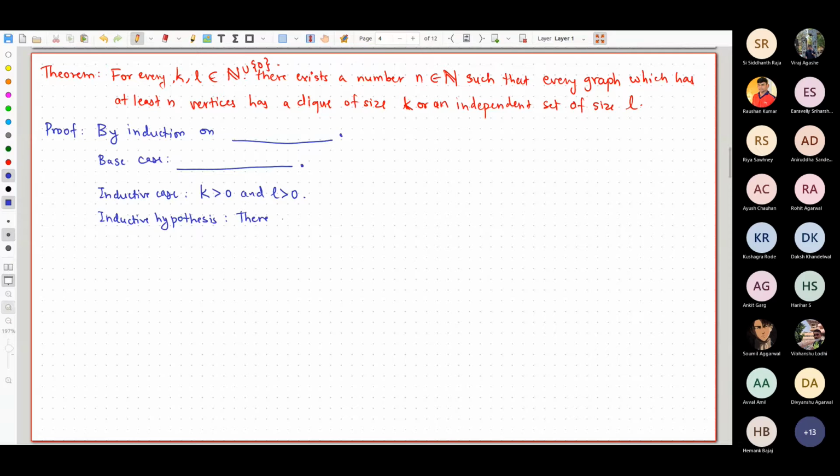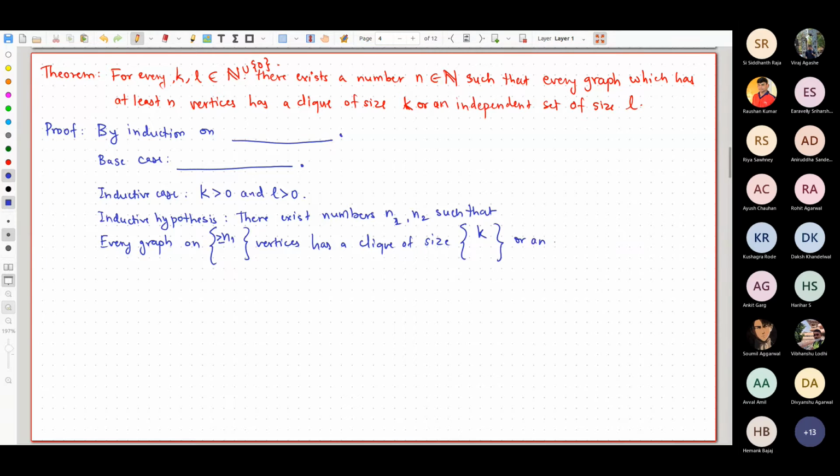There exist numbers n1, n2 such that every graph on n1 vertices has a clique of size K or an independent set of size L minus 1.